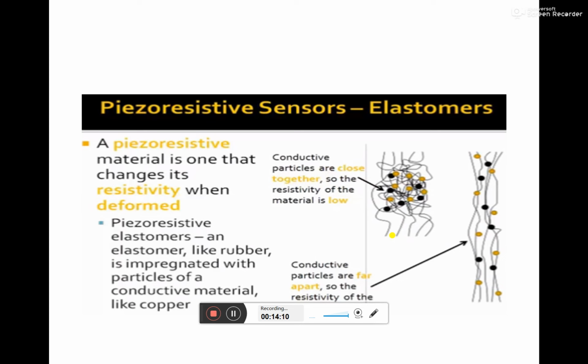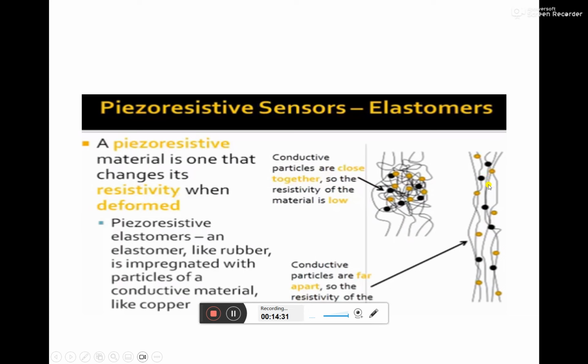We already discussed that elastomers are the material mostly used in tactile sensors. A piezoresistive material is one that changes its resistivity when it is deformed. For example, look at these particles here.